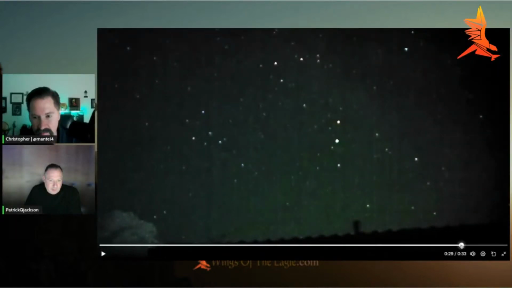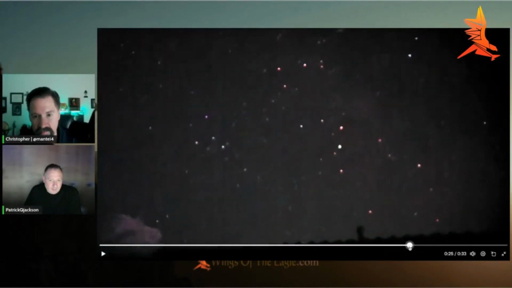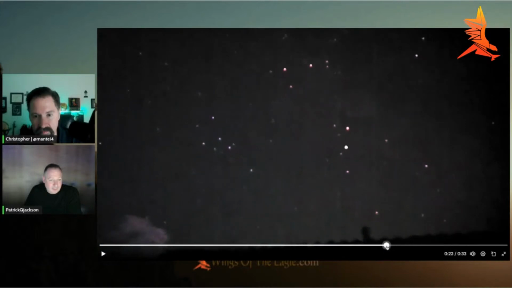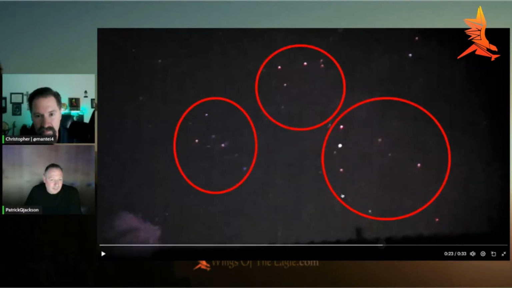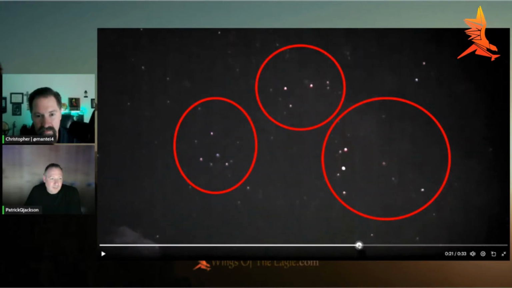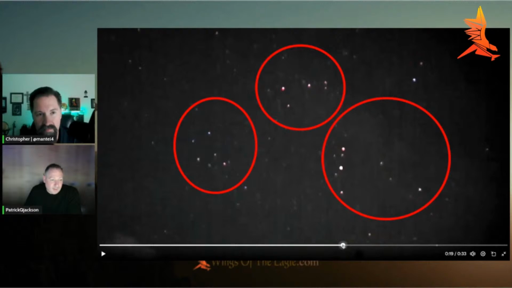Freeze it here. Now, people look at this right here and they just see stars, right? But because I look at data and patterns, what I see is V formations everywhere. Like here, you got one here, you got one here, and one here. Again, what you have is concise triangles of equal distance apart, of equal brightness.